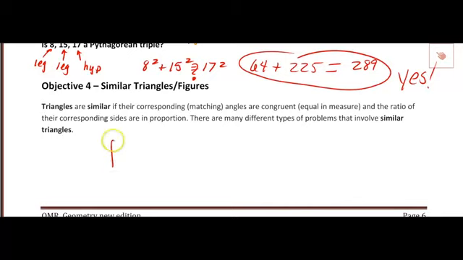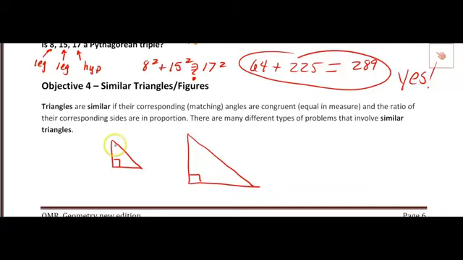So let's suppose I have a right triangle that looks like this, okay? And I have another right triangle, but it's sort of a blown up version, okay?